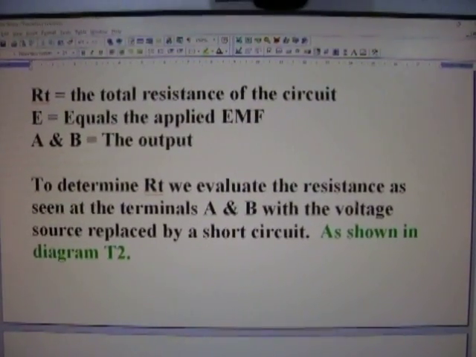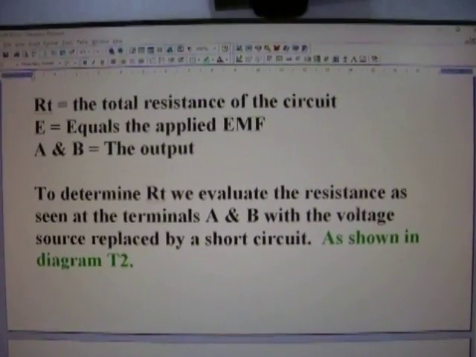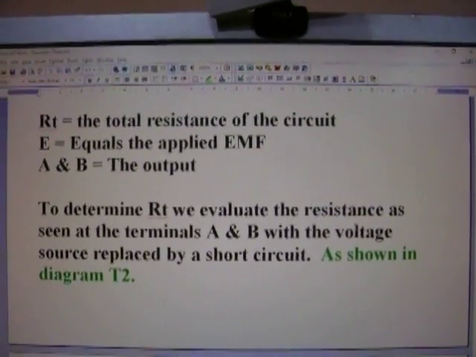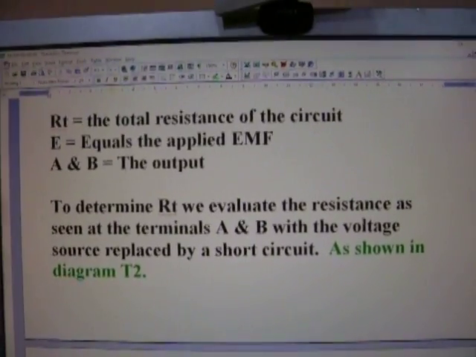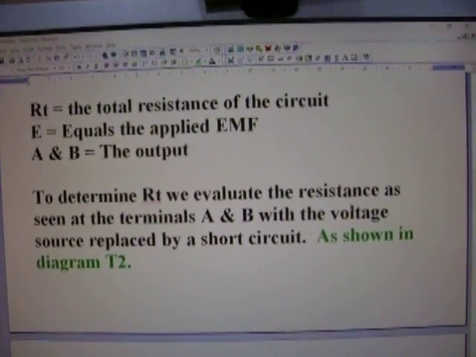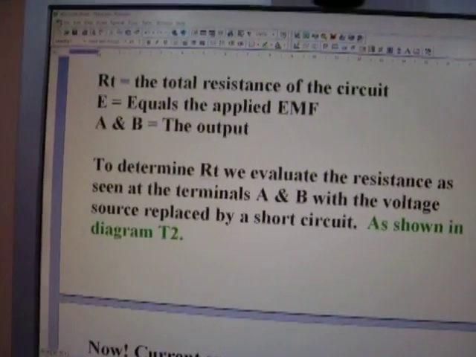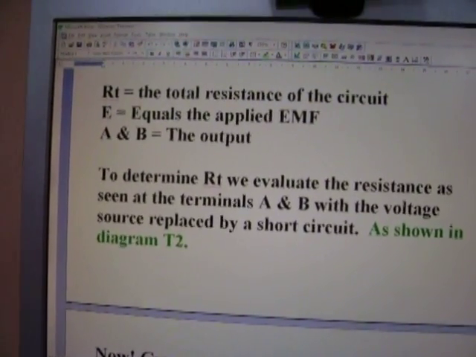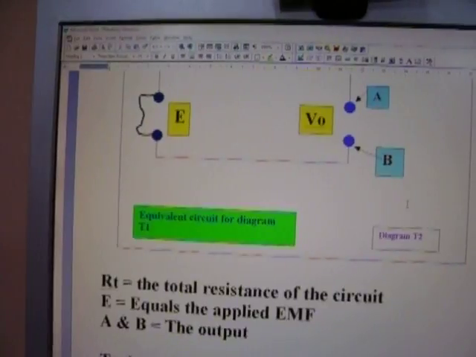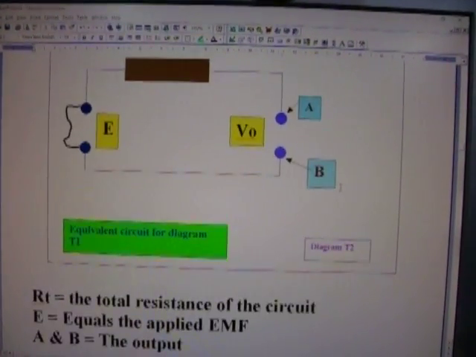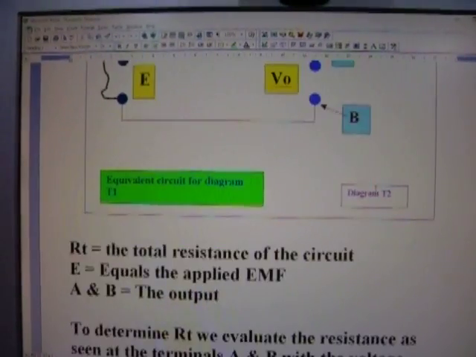To determine RT, we evaluate the resistance as seen at the terminals A and B, with the voltage source replaced by a short circuit, as shown in diagram T2. And that's diagram T2. Okay.